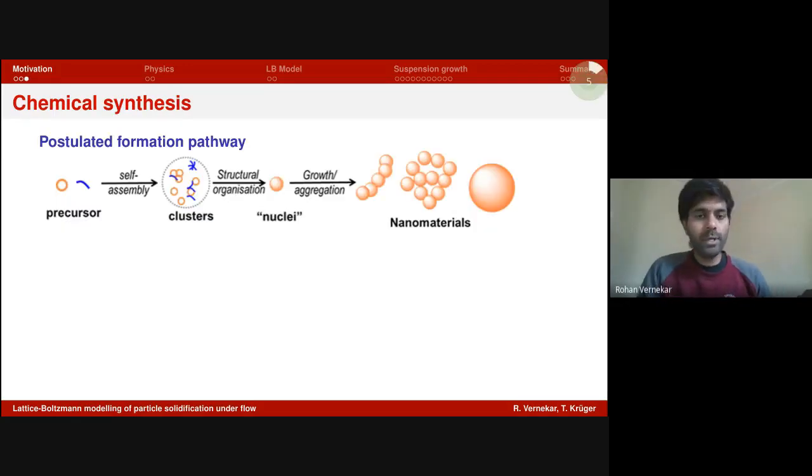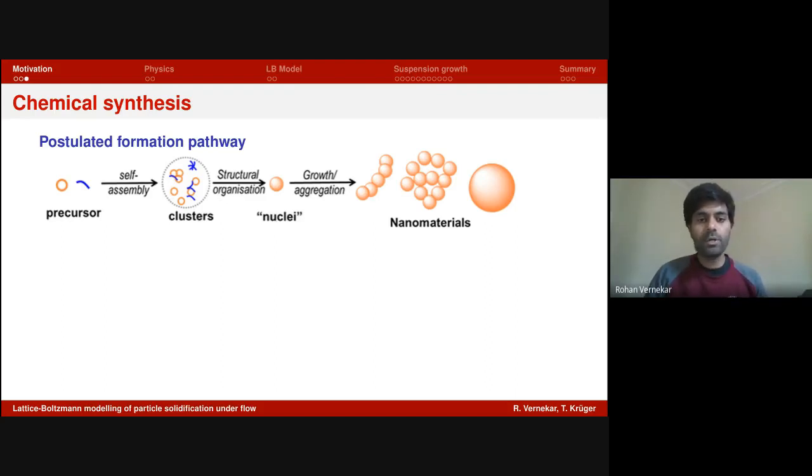This picture gives a very simple formation pathway for the nanomaterials. You've got a precursor, which is your initial input to your solution. Then those become clusters, which are a few nanometers. Then that becomes a nucleus, which is where we can say we've got a rigid, solid particle.